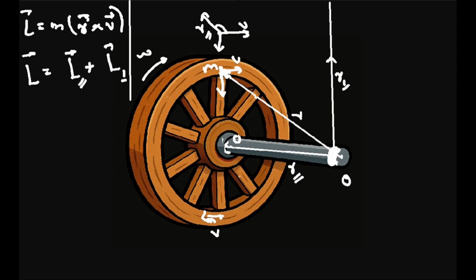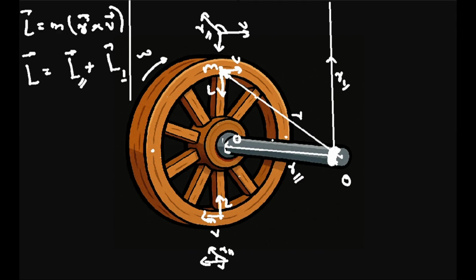And here you can see that this is our velocity component and this is our parallel component. If you curl the fingers of your right hand in this direction, the thumb points upward. That means that the angular momentum in this direction and in this direction have the same magnitude but opposite directions. They will cancel each other's effect. Similarly, if you take a particle here, there will be an opposite particle here which has the same magnitude of angular momentum but in the opposite direction.